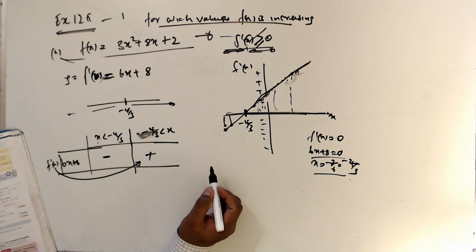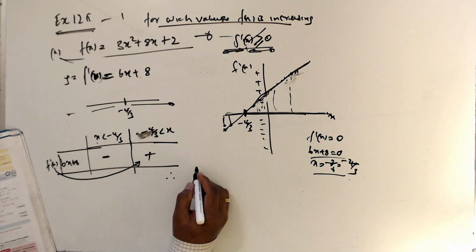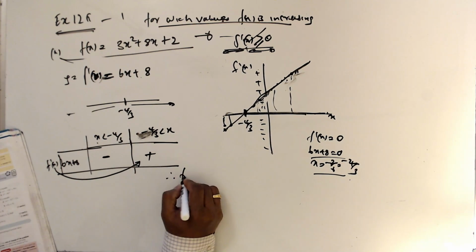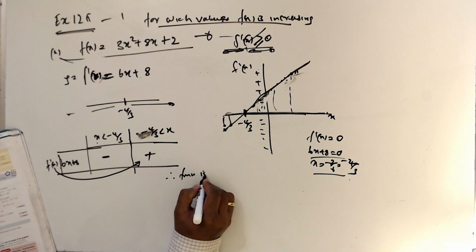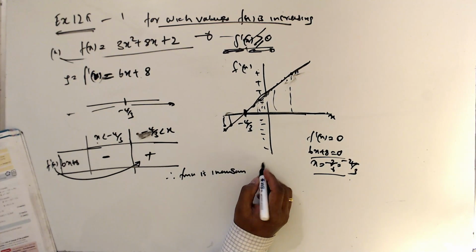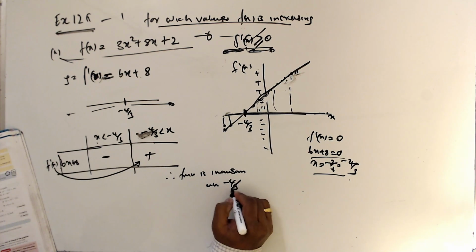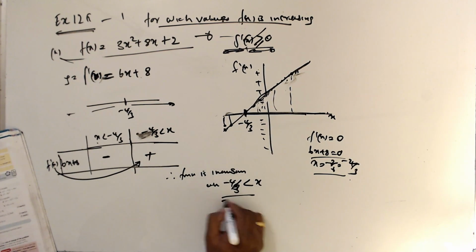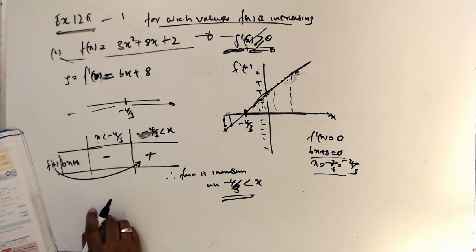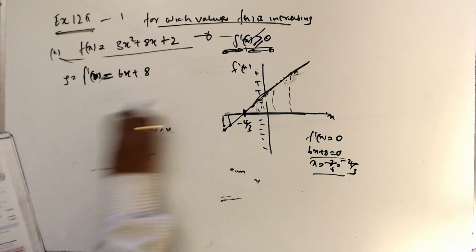Hence the function is increasing when x is greater than minus 4 over 3. So having this knowledge, you can do it like this.